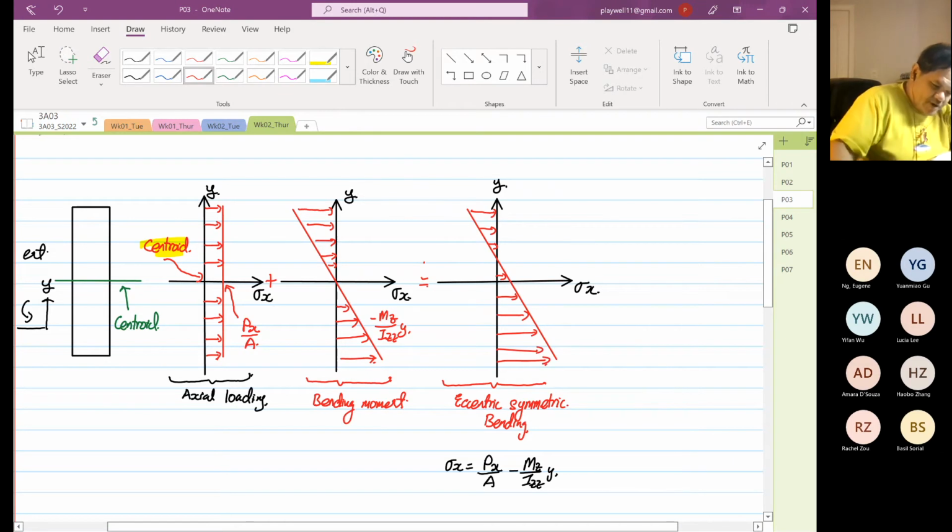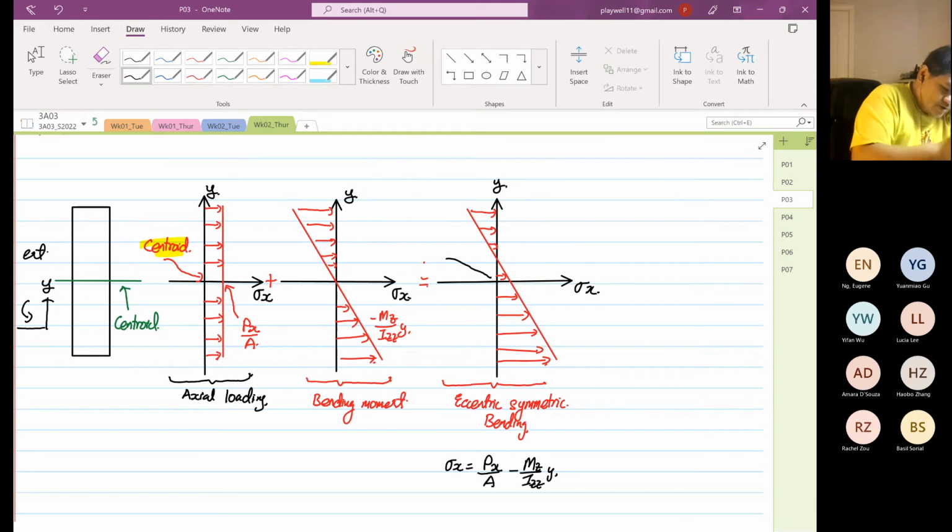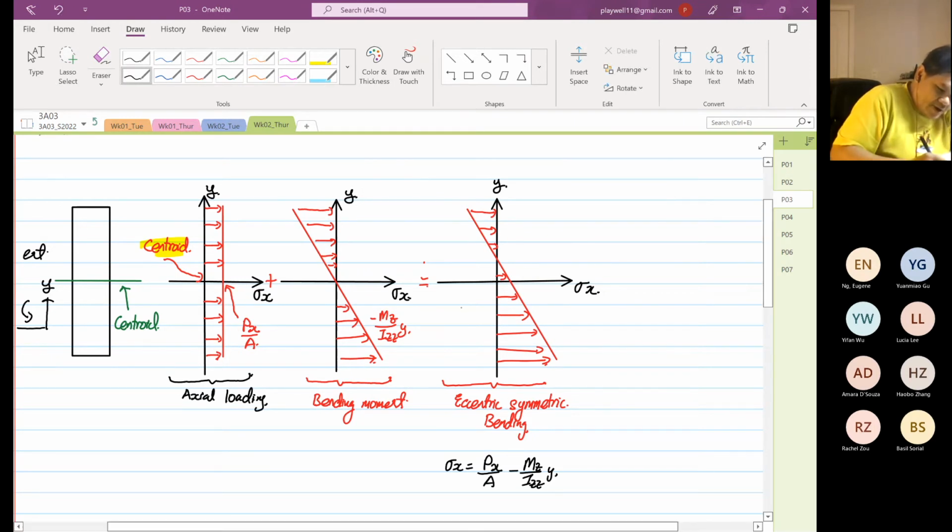So what you see over here is there's a shift. At this point where y is equal to 0, right, is the position of the centroid.